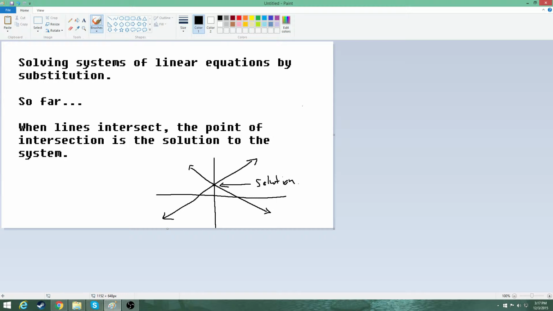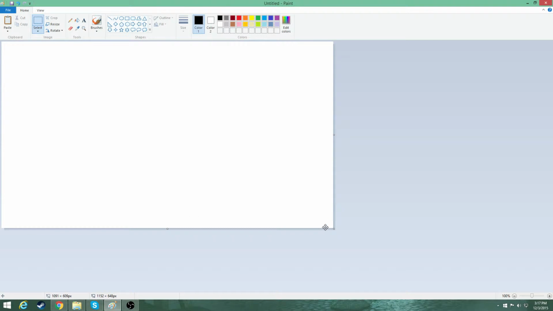Alright, so how do we solve by substitution? What you want to do is start off with an equation. So let's say you start off with something like x plus y equals 5, and x equals y plus 1.